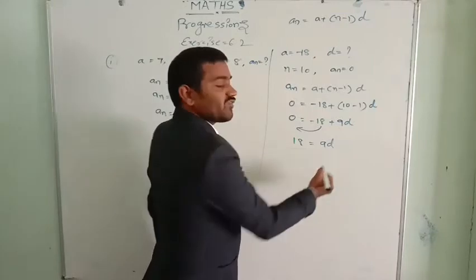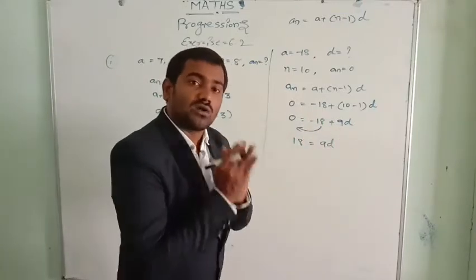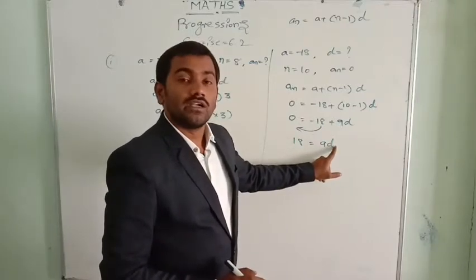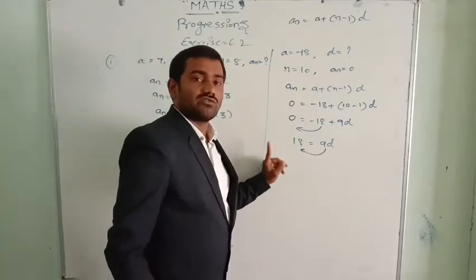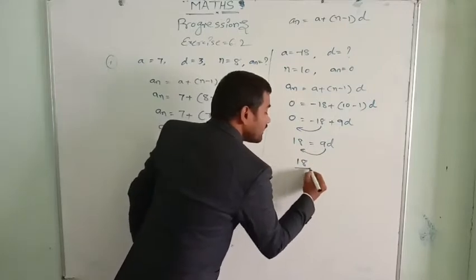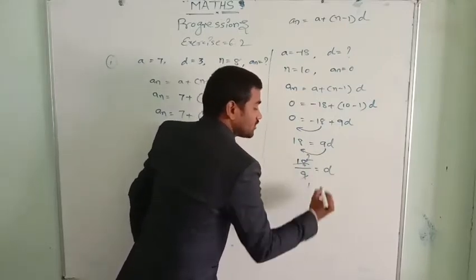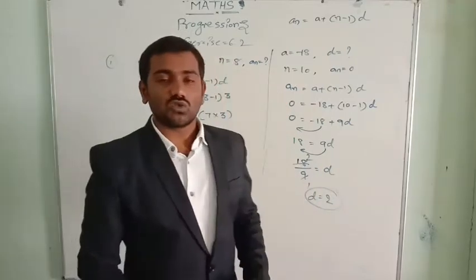Now 9 is multiplying d, so we transfer it to the LHS side and it becomes divide. So 18 by 9 equal to d. 9 twos are 18. So d equal to 2. We got the common difference is 2.